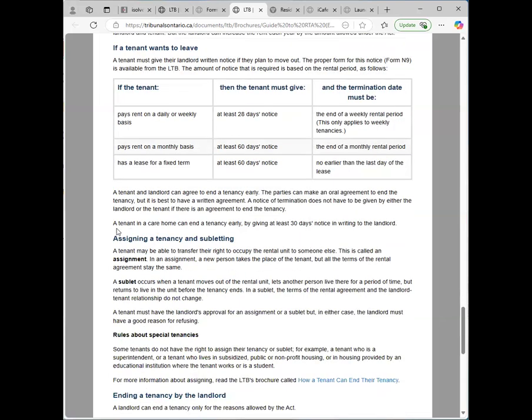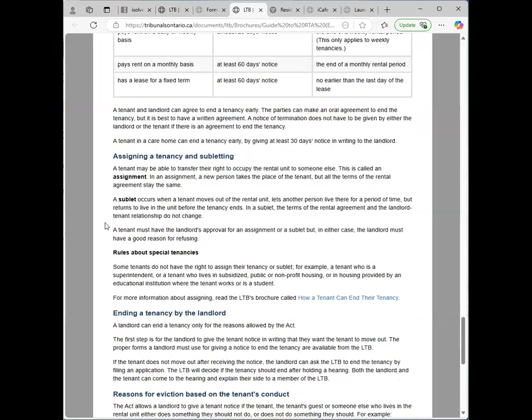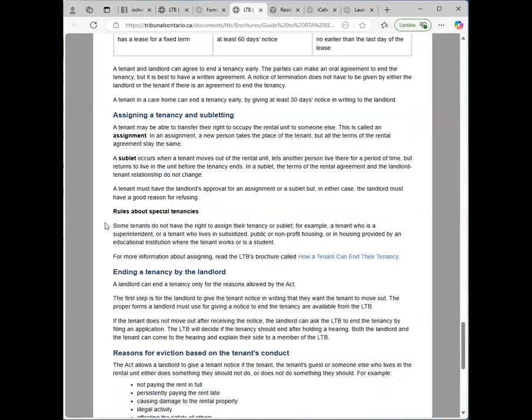So, the difference between assigning and subletting. Assigning is when a person takes over the place fully, the entire lease gets transferred to someone else. A sublet means they're just subletting part of the rental or part of the time. But the landlord-tenant relationship does not change.